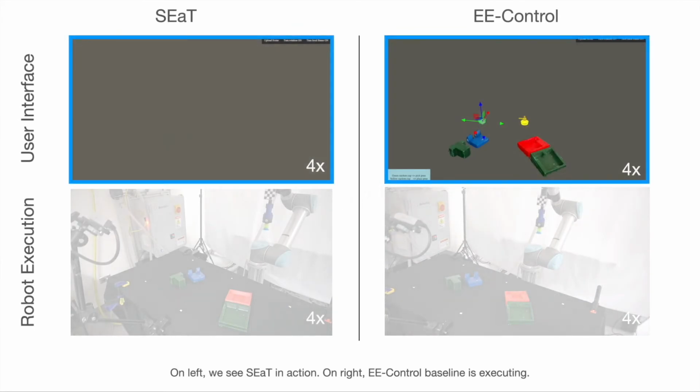To evaluate SEAT, we conduct a user study with users that are inexperienced with our system. In SEAT on the left, the user specifies the goal poses of all objects at once. In the baseline system, EE control on the right, users specify the end-effector pose of the robot to move one object at a time. We first show a trial with 2 objects.